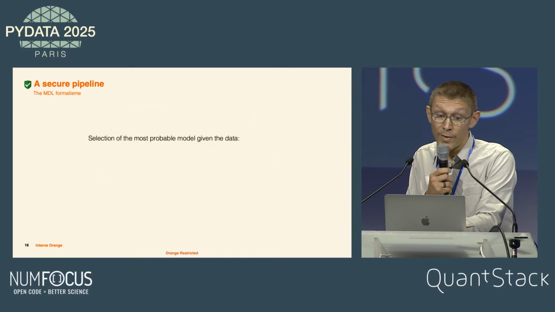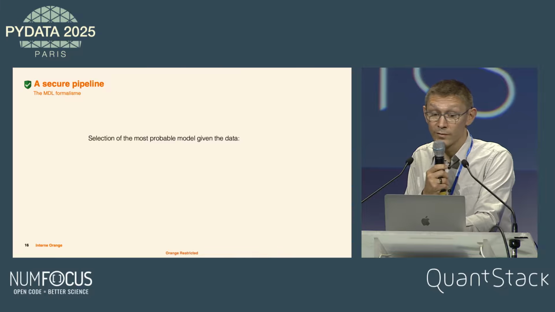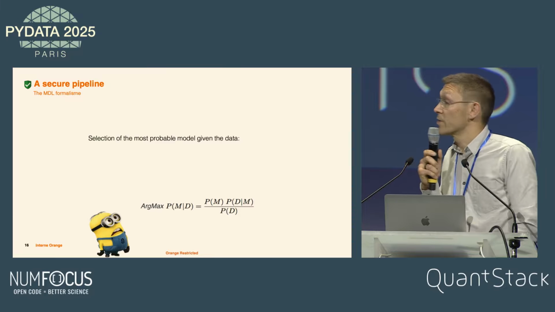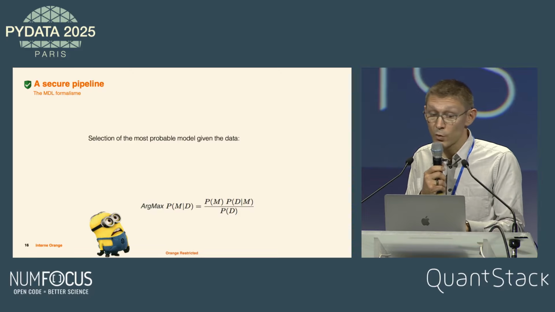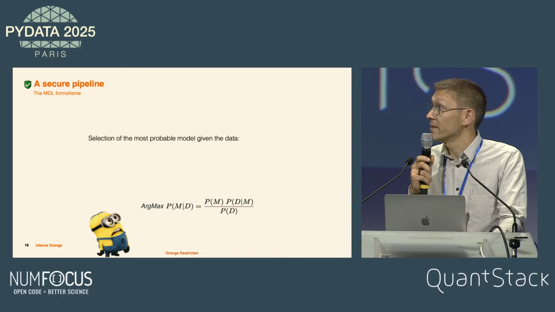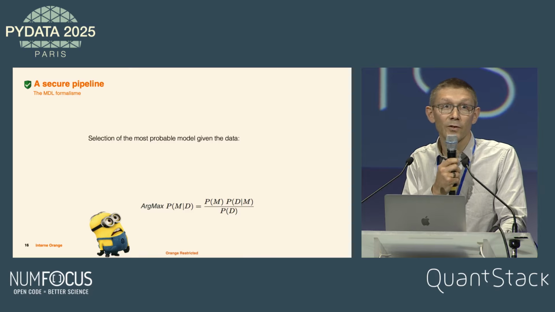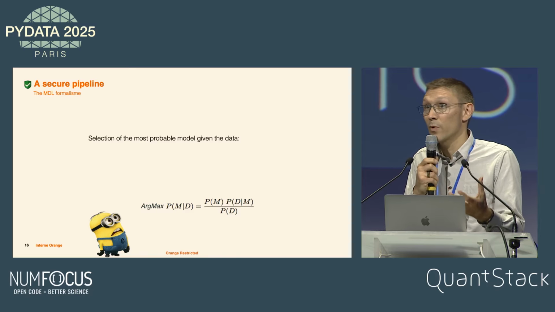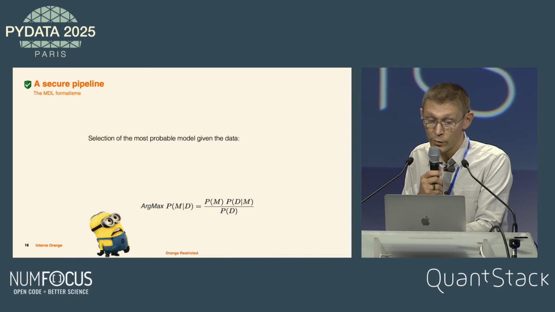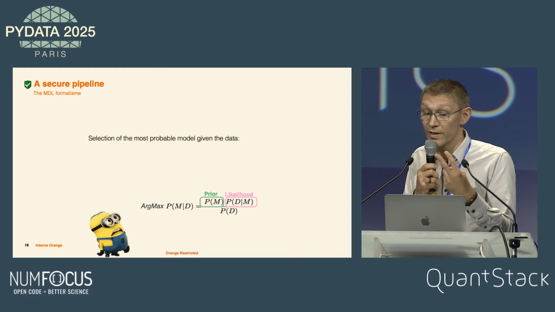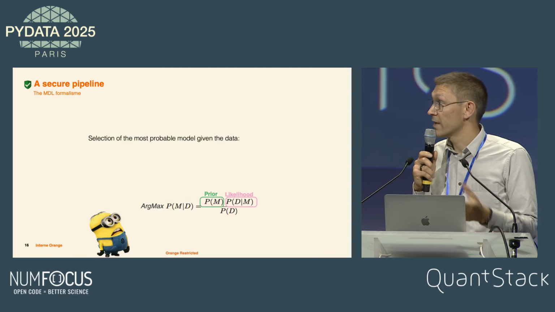The formalism is a model selection formalism, and the objective is to find the most probable model given the data. So we would like to maximize the probability of the model given the data, and the starting point of this formalization is the Bayes formula. We are interested here in two terms, the prior and the likelihood.